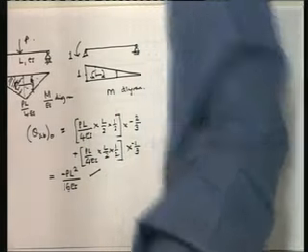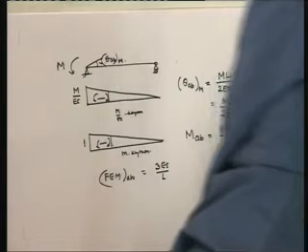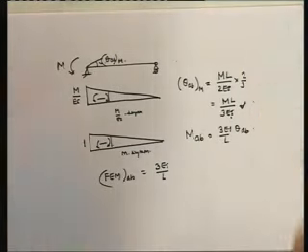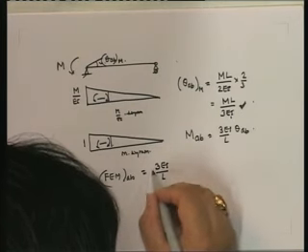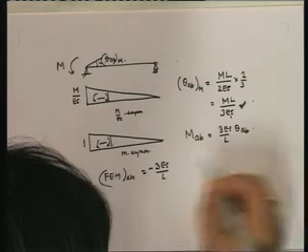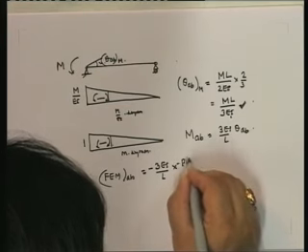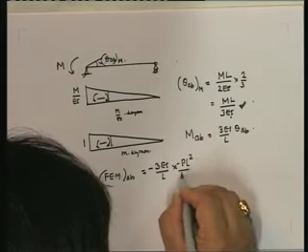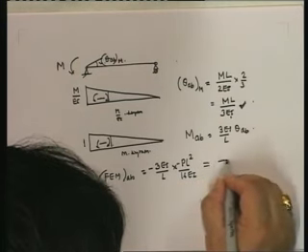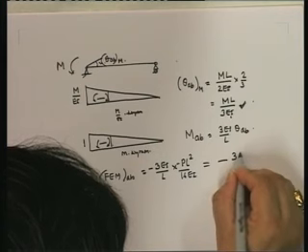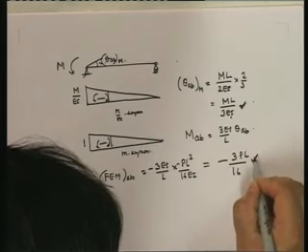It has to be minus of theta AB 0. So therefore, if we put that in, what do we get? We get it equal to 3I upon L minus 3I upon L, because this goes on the other side, multiplied by minus of PL squared upon 16EI. So if you look at this, this becomes minus PL upon 16.